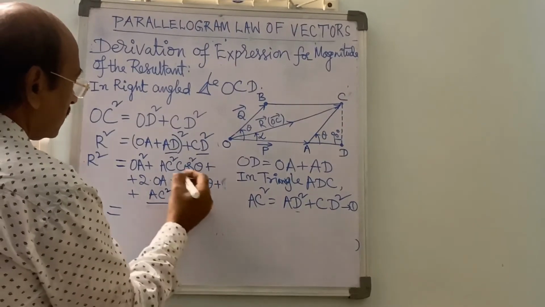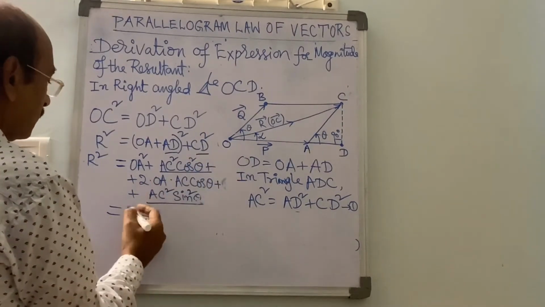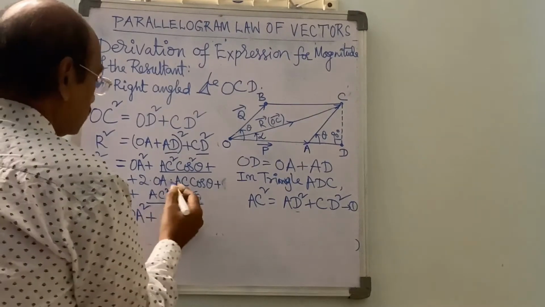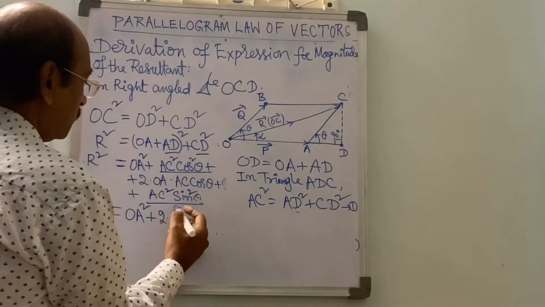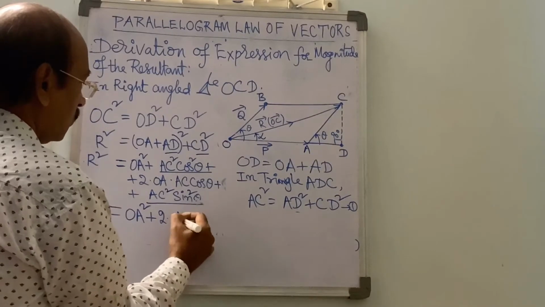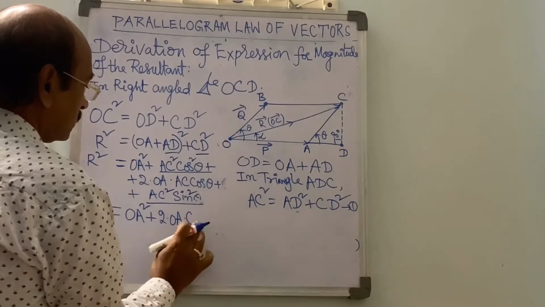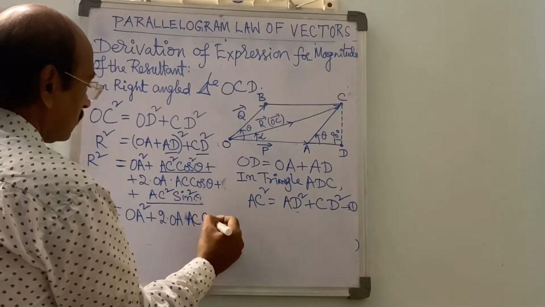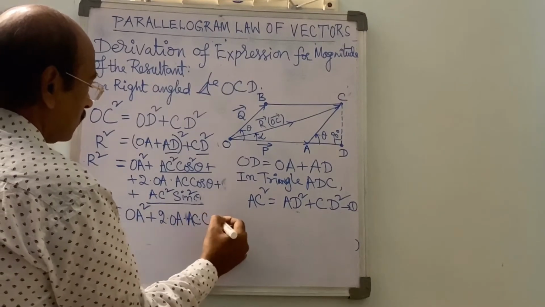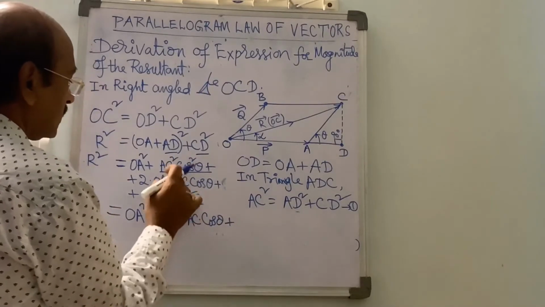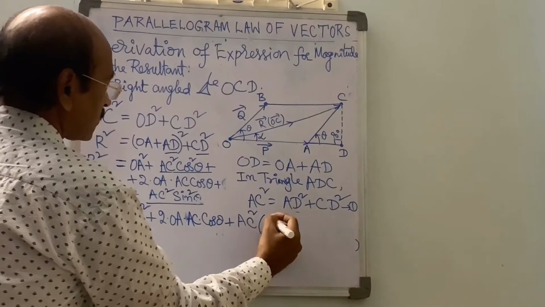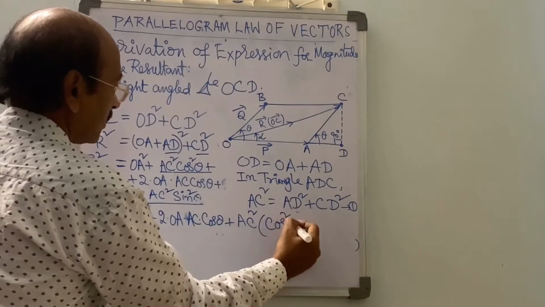So by taking AC square as common, OA square plus 2 into OA into AC cos theta plus AC square by taking common cos square theta plus sin square theta.